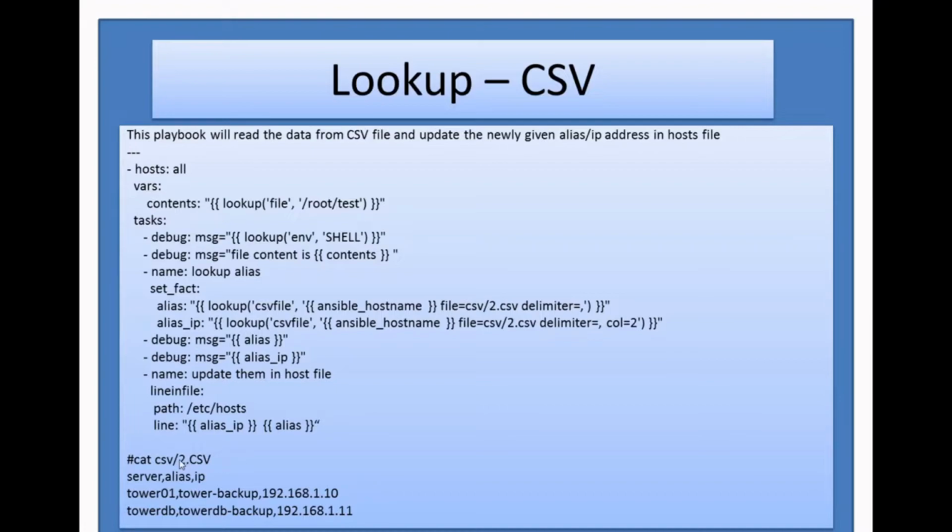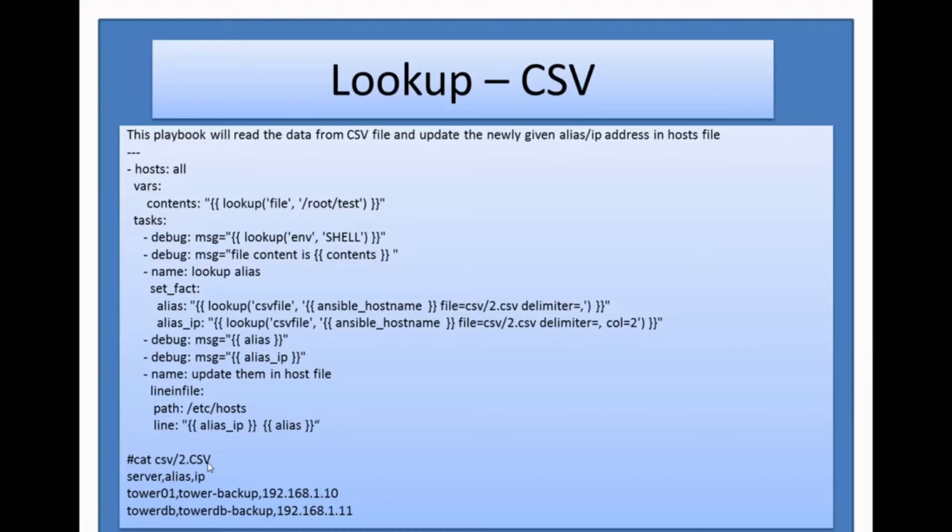I have one CSV file under the directory CSV, and I created 2.csv. The scenario I have created is that you have multiple hosts, and your backup team decides to have a dedicated backup line for all your servers.